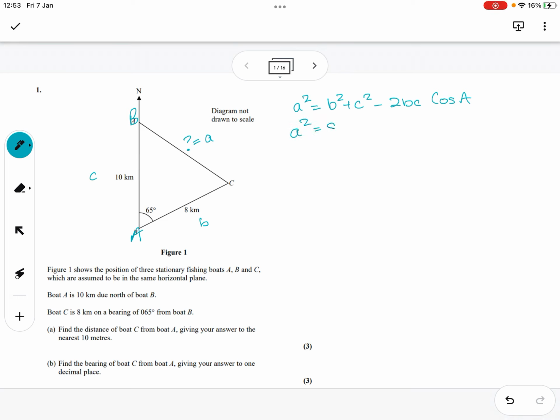So a squared equals 8 squared plus 10 squared minus 2 times 8 times 10 times cos of 65, make sure I'm in degrees, which I am. So I've got 96.381, square root my answer, and I've got a is 9.817.